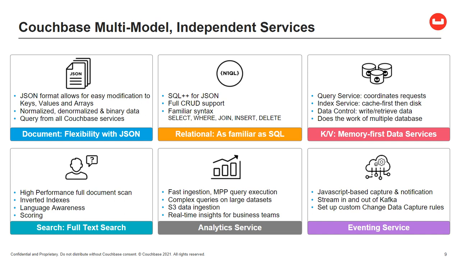Analytics service, same kind of thing. This is to enable reporting, BI for big data sets, complex queries from Couchbase, and also external data sets like S3. An eventing service, this can programmatically respond to data change events. So new data is inserted, new data or old data is deleted, and you can actually write code to respond to that.